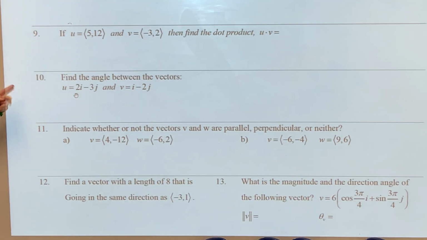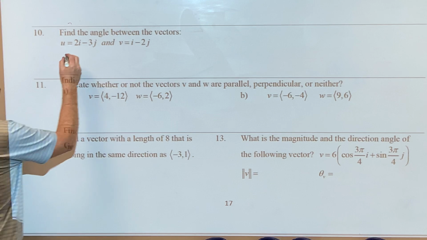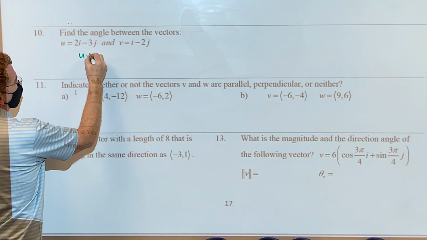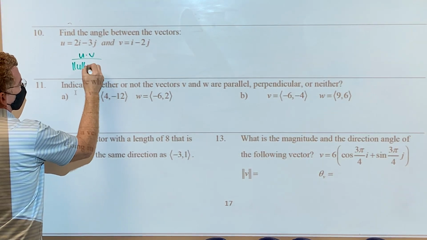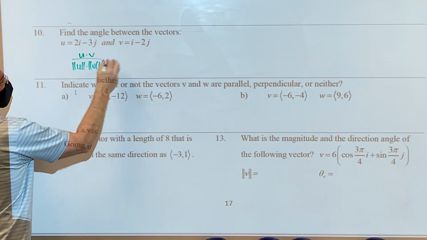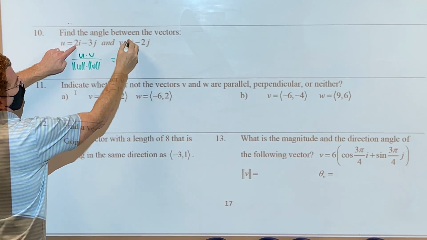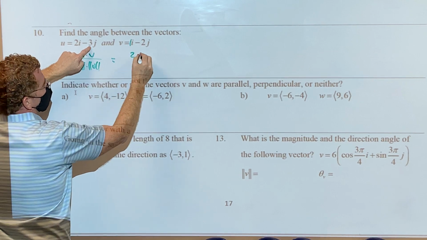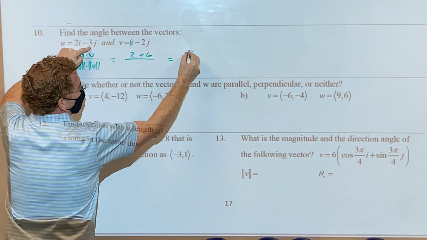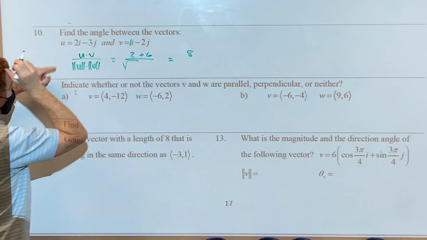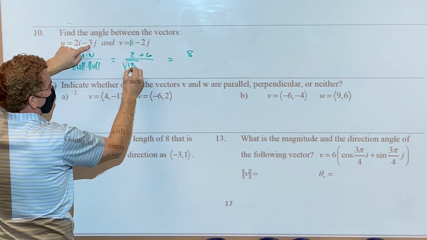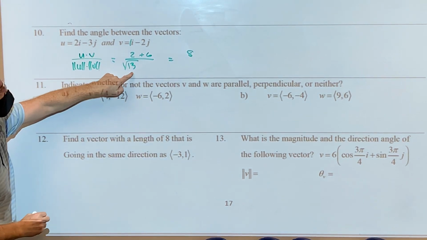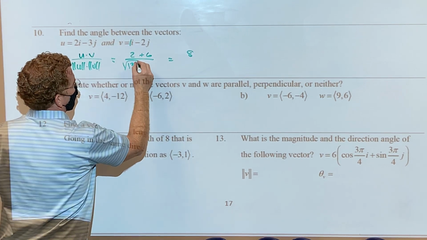I actually see people do that a good deal. They say, all right, the dot product of u and v over the magnitude of u times the magnitude of v. So the dot product ends up giving me 2 times 1, -3 times -2, so that ends up giving me 8. The magnitudes end up giving me 4 and 9, 13, and 1 and 4, root 5.